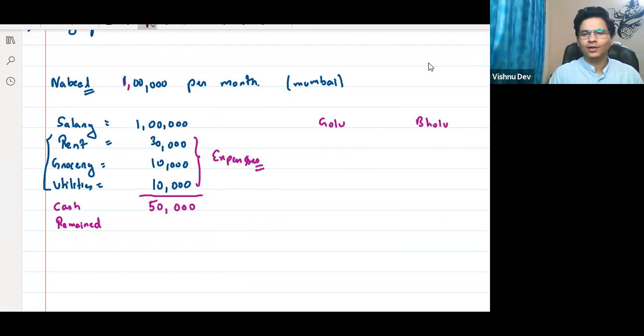Now, I hope all of you know Golu. Golu is a lavish guy. He wants to enjoy life, he wants expensive things. So he spends 30,000 per month extra on his lifestyle, party and all those things, extra expenses.